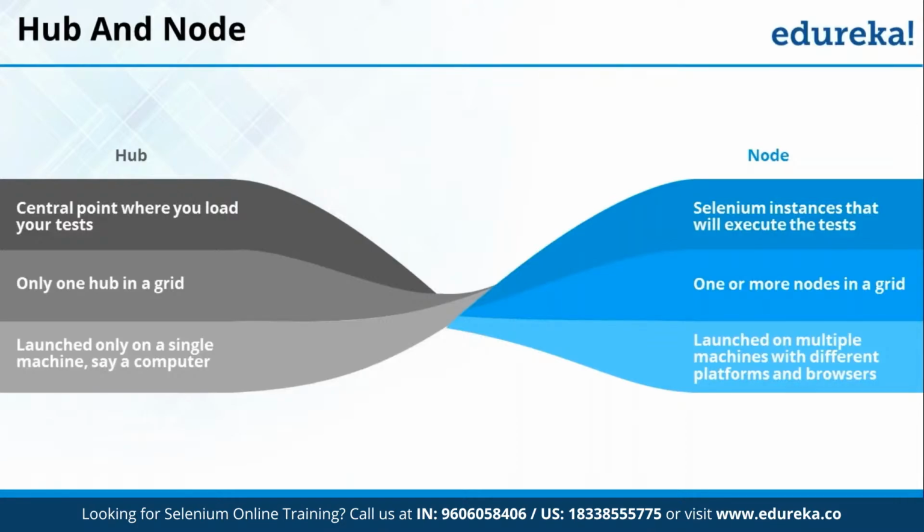One or more nodes in a grid. So it's your choice whether you want to have one node or multiple nodes. Launched on multiple machines with different platforms and browsers. So you can choose to have multiple machines with different platforms. Each machine can have a different operating system, and can work with different browsers also.